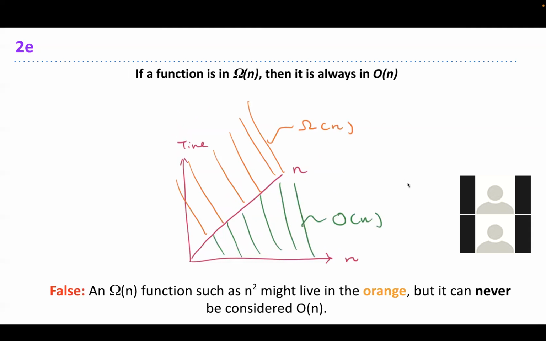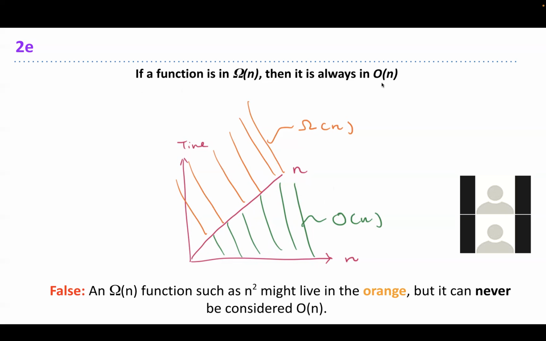All right. So now let's take a look at this one. If a function is lower bounded, or big omega bounded, by n, then it is always in O of n. This is just saying that in order for it to be omega of n, it has to be somewhere up here, so it has to be slower than linear runtime. But right here, we're saying then it is always in O of n.